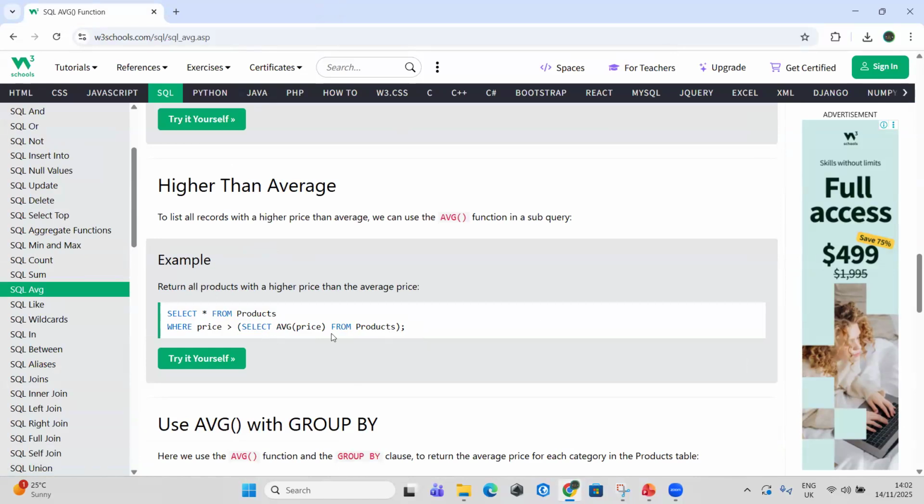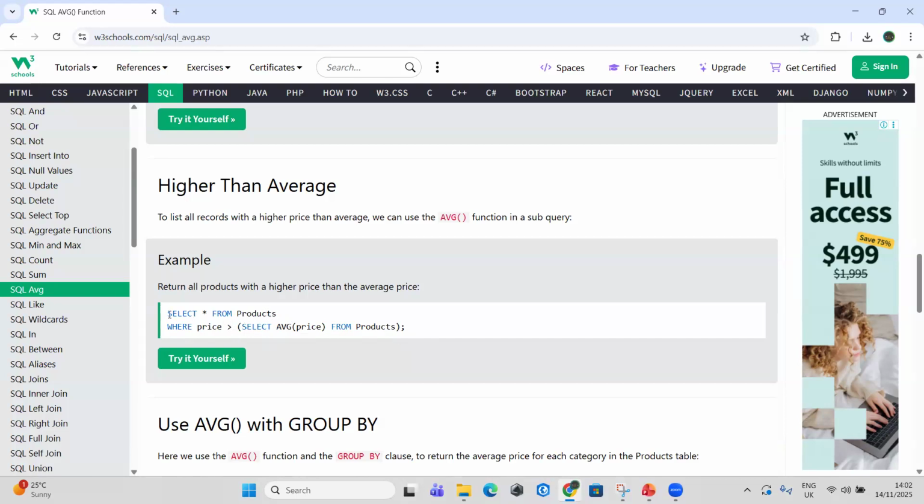I'm able to read it, but I'm so out of practice that if you tell me to write code like this without seeing it, even I cannot write it, because this is a nested query and you need to understand the structure of the queries. That will come only when you practice again and again and again.